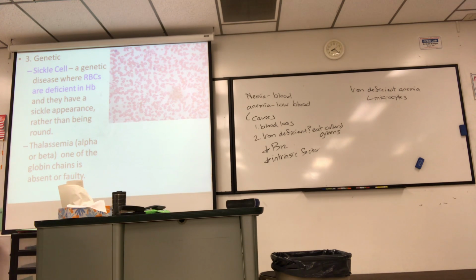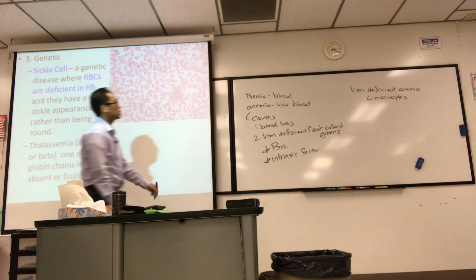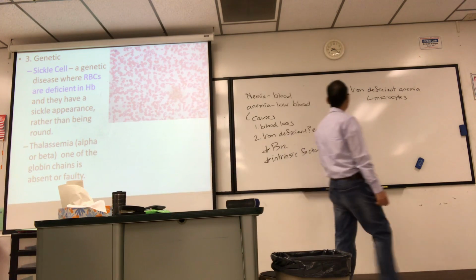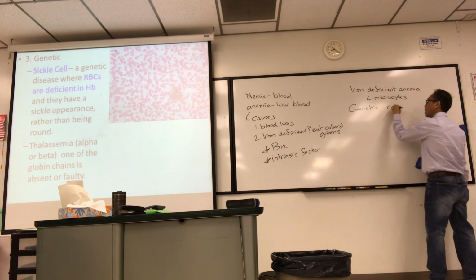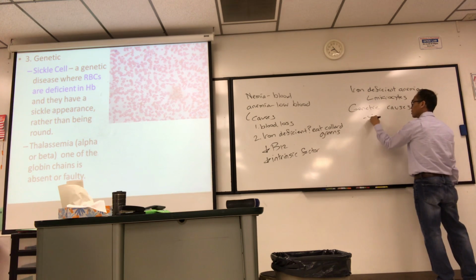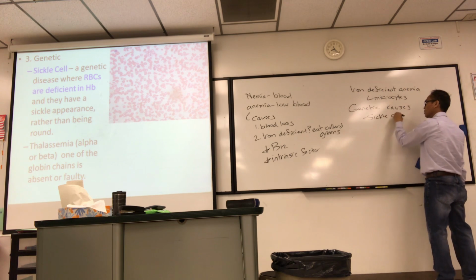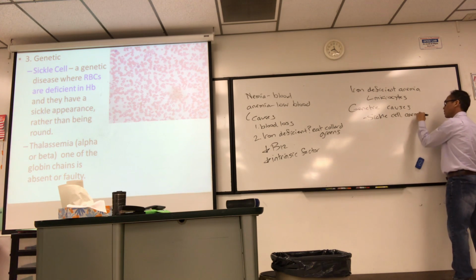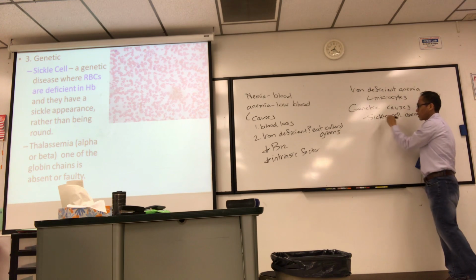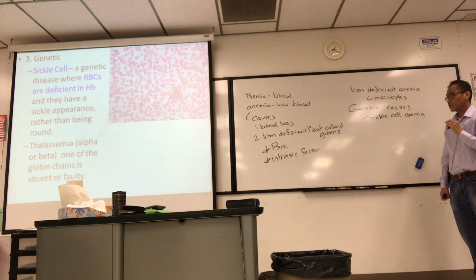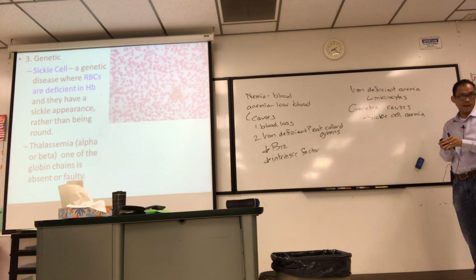There are some genetic forms of anemia. There's sickle cell and thalassemia major or minor. Genetic causes. Sickle cell anemia. There's a genetic mutation that causes the cell to pucker or sickle, reducing its oxygen carrying capacity.